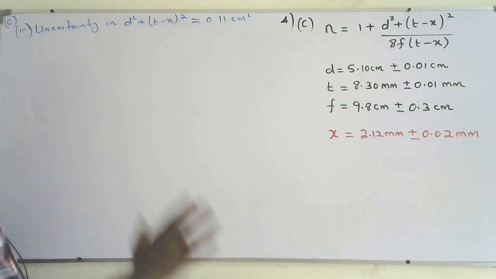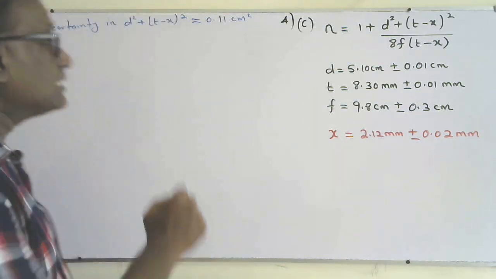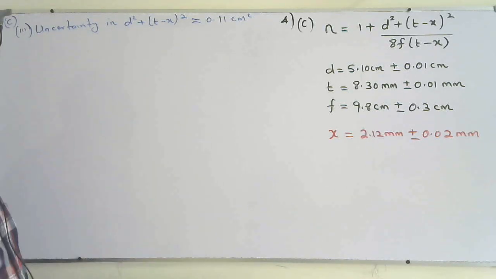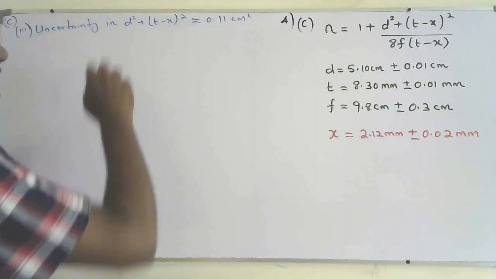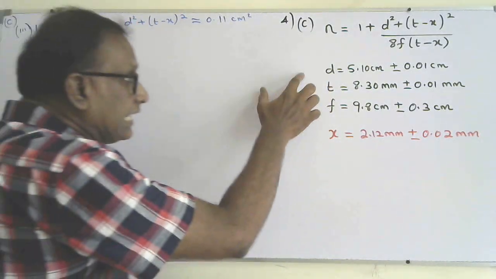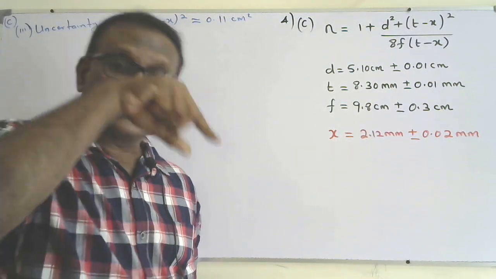If I find those, then I should add those two uncertainties to get the uncertainty of the whole thing, because there's a plus sign. So we need to first find the uncertainty in d squared. I know the uncertainty of d is 0.01 centimeter. I need to find the uncertainty of d squared.